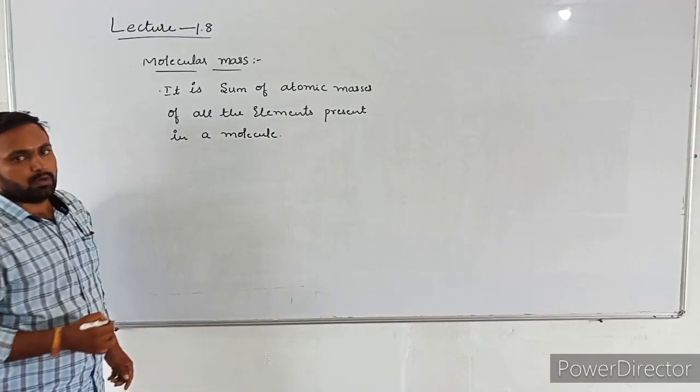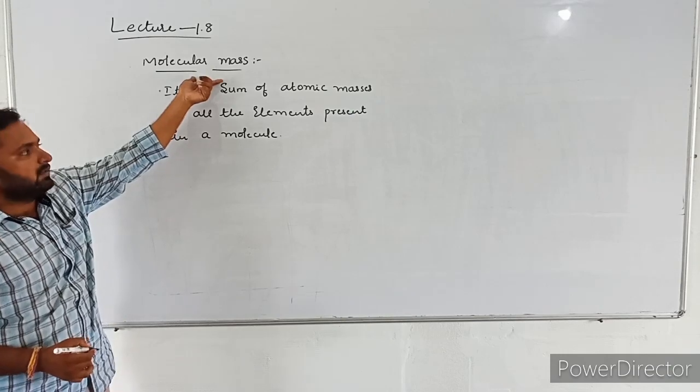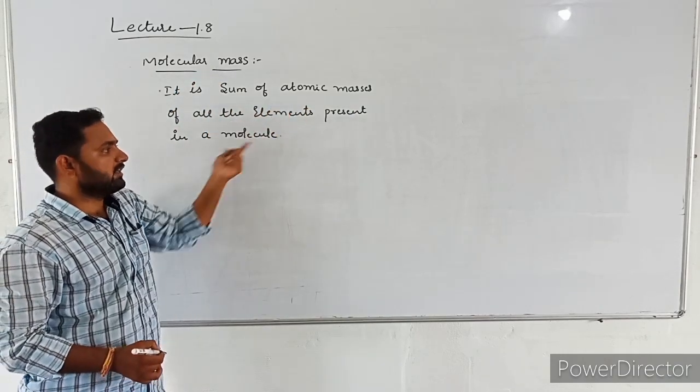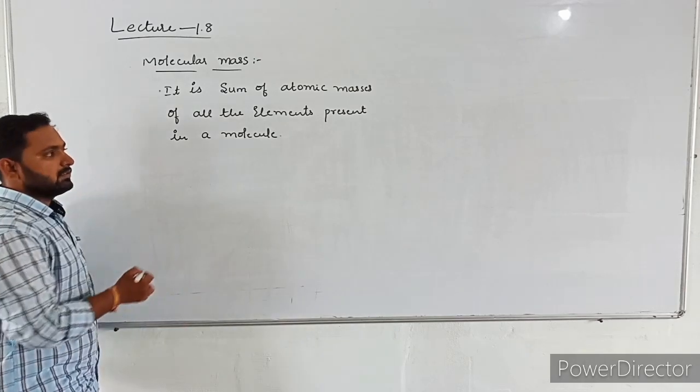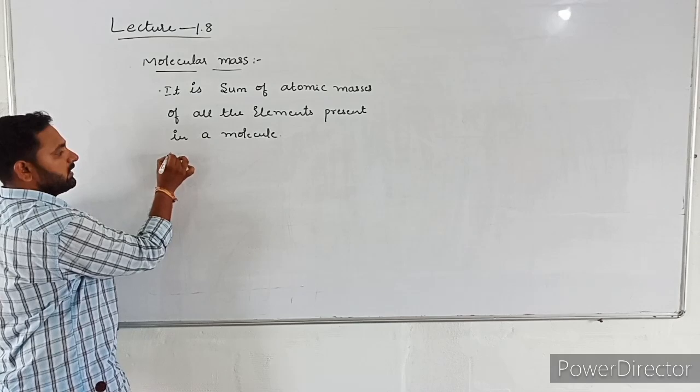This is called molecular mass. Molecular mass can be calculated by adding atomic masses of all the elements present in a molecule. Now let us calculate molecular mass for some compounds. Examples.